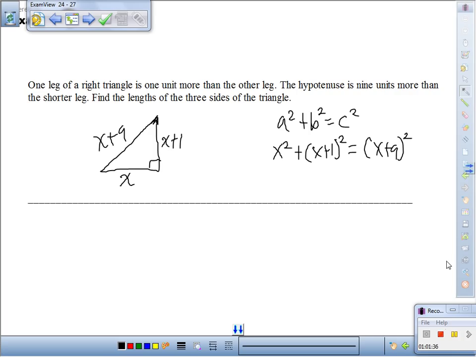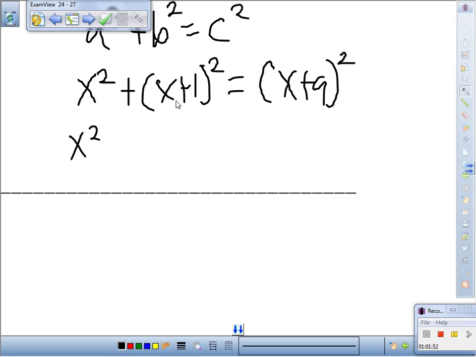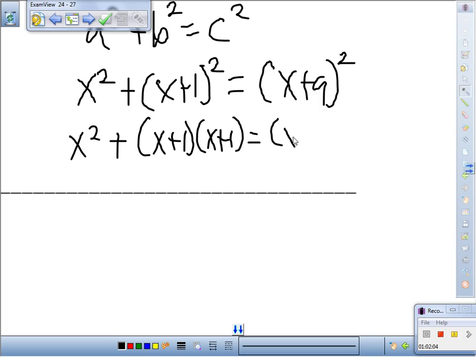So far so good? Let me zoom in. All right. So let's see. X squared. Do we know how to multiply this one to get what this is? If you don't see it, here it goes: X plus 1 times X plus 1. Therefore, what is this one? X plus 9 times X plus 9.